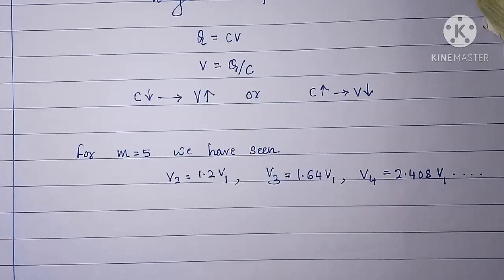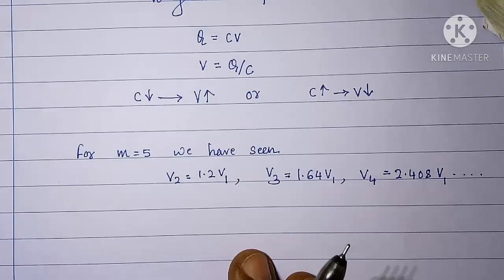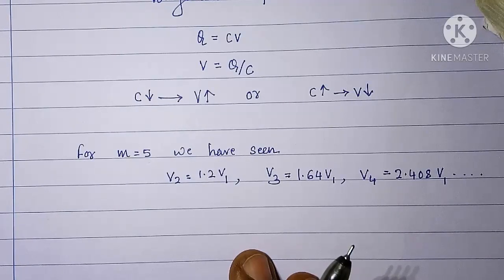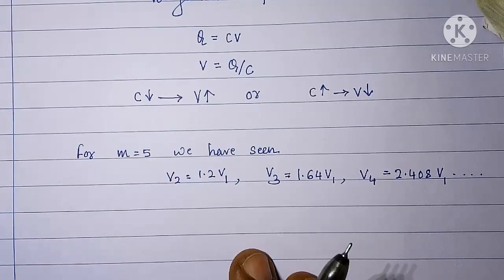That is, unit having lowest capacitance should be kept at the top. If unit having lowest capacitance is placed at the top and slightly higher capacitance than that below it, and so on, the voltage across each unit can be balanced. This is called as grading of units.